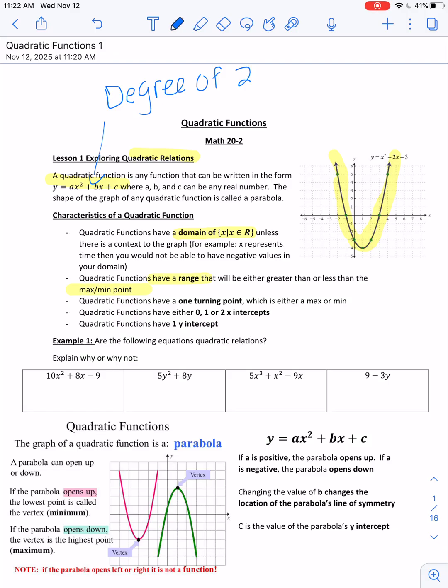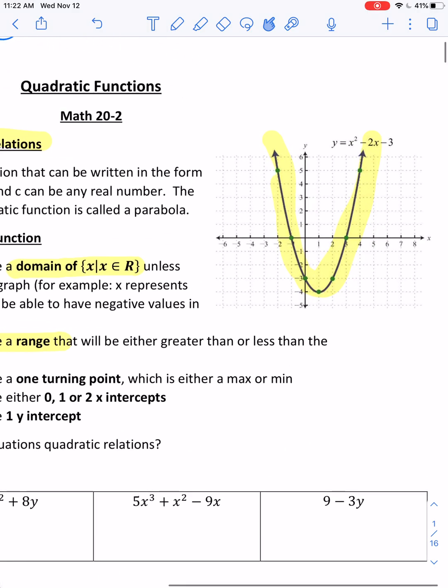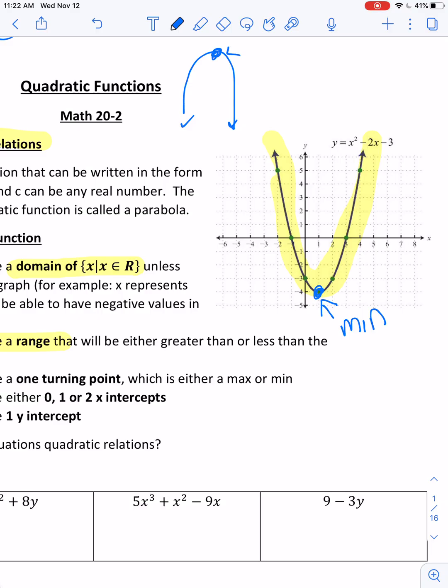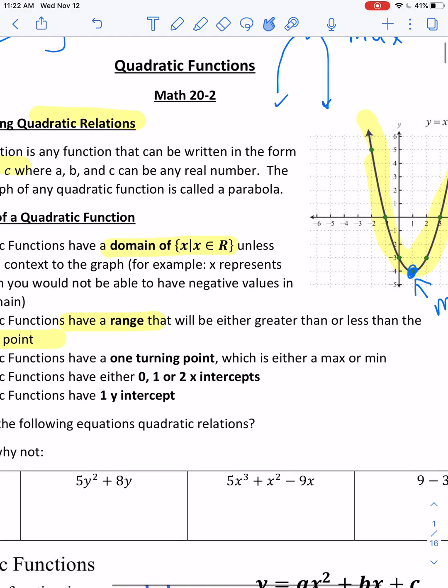So if you look at this quadratic function I have here, it has what we call a min point because it has a minimum or lowest point on the graph. If you had a quadratic function that opened downwards, it would have what we call a max point. So our range will depend on where that max or min point is.